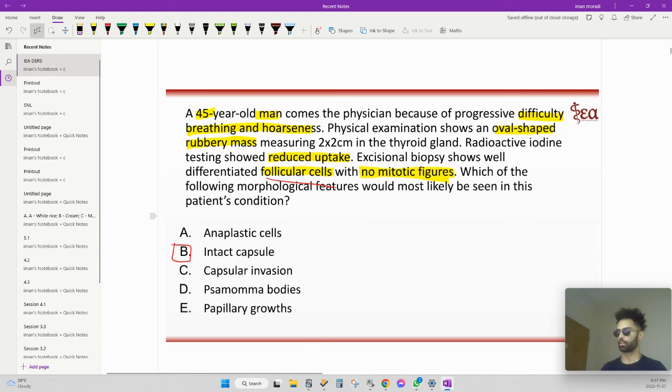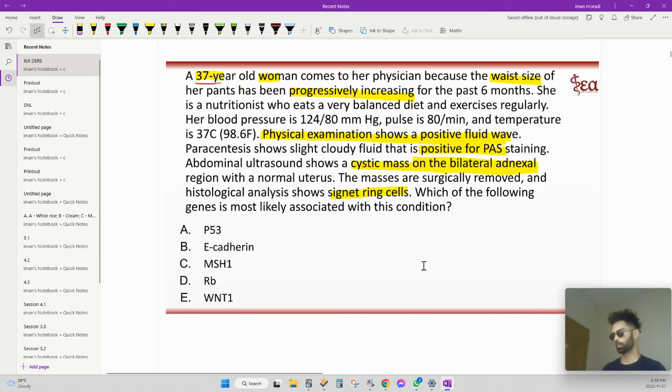It has this capsule around it, and in this capsule there's kind of a hyperplasia situation. And if this capsule breaks, it goes from follicular adenoma to follicular carcinoma, which is one of the four types of thyroid cancers we have.